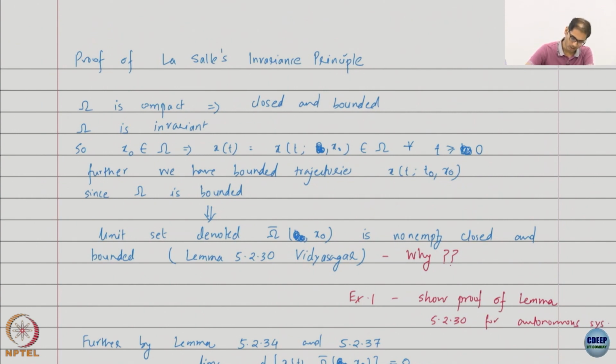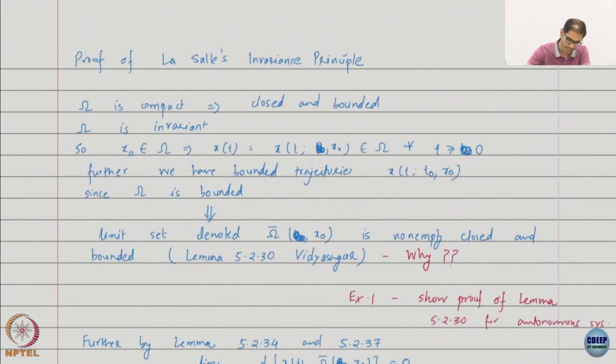Okay, great. So we started with omega compact, which implies it is closed and bounded, and also that it is invariant, which means that if I start in omega, then my entire trajectory stays in omega. By the way, this is the complete notation for the trajectory. Vidyasagar uses this notation, so I have also used it now. I bring this notation back because the initial condition is very important.